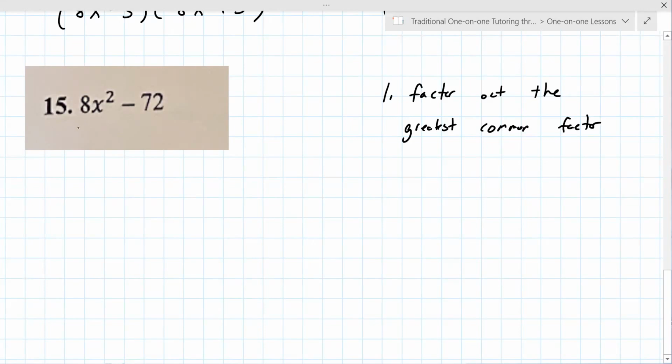So do you see how 8 goes into both of these? They can both be divided by 8. So 8x squared divided by 8 is just x squared. 72 divided by 8 is 9. Do you see that?